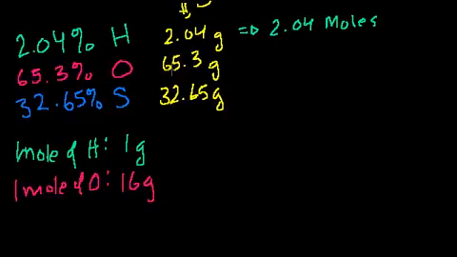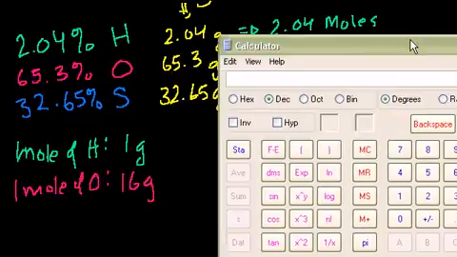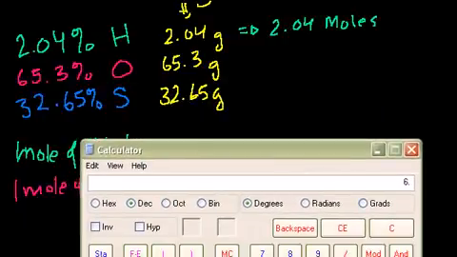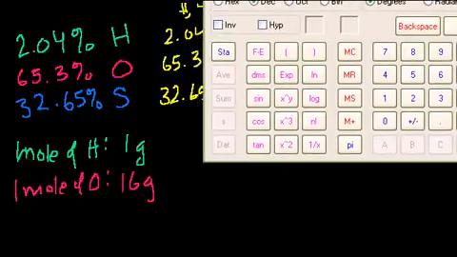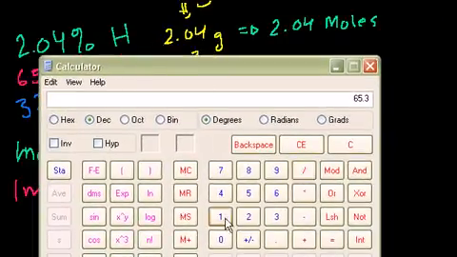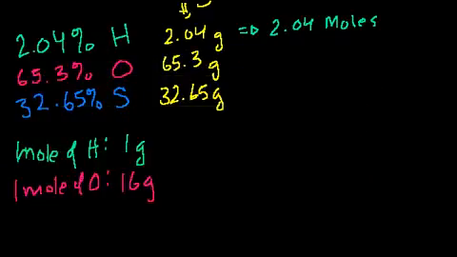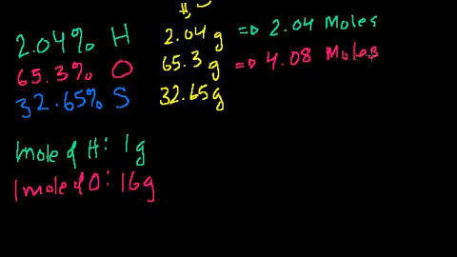We have 65.3 grams of oxygen, and we have 16 grams per mole, so you divide by 16. It equals 4.08125. I don't want to get too precise here, but let me just write 4.08 moles of oxygen.